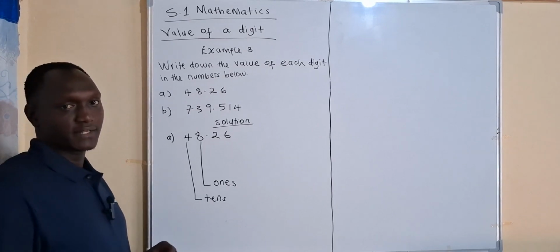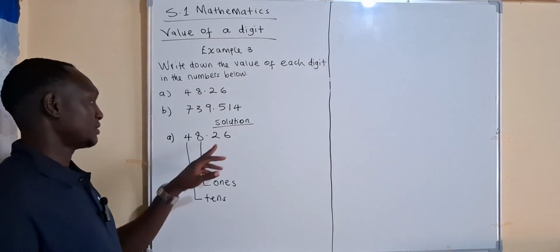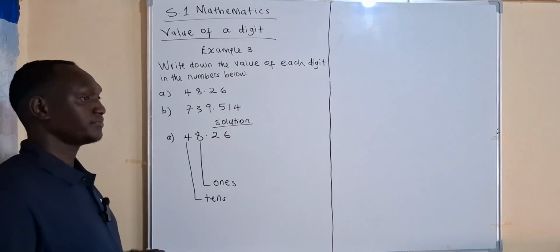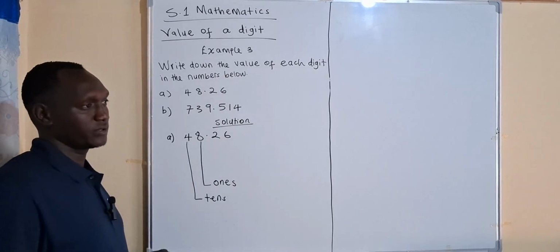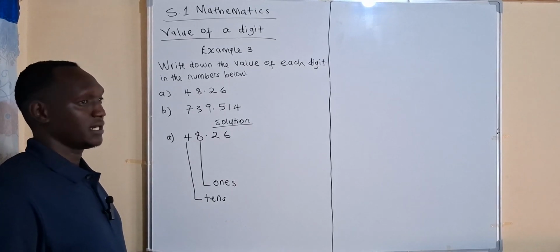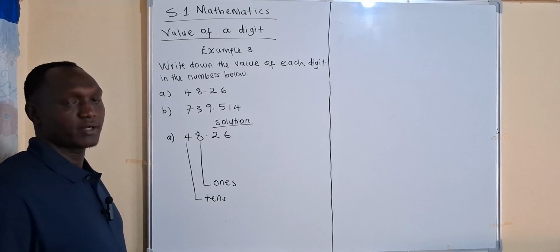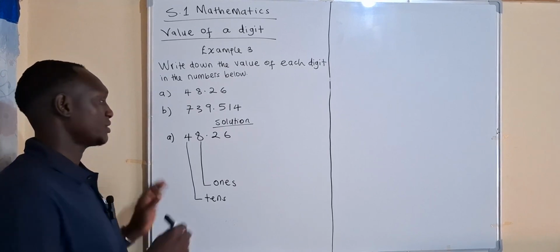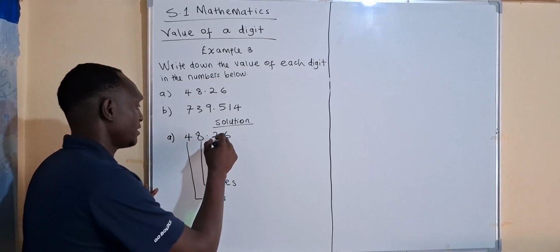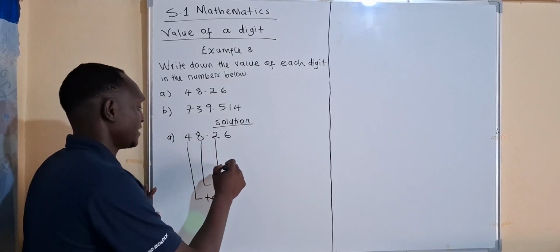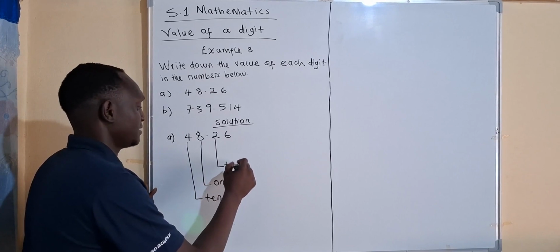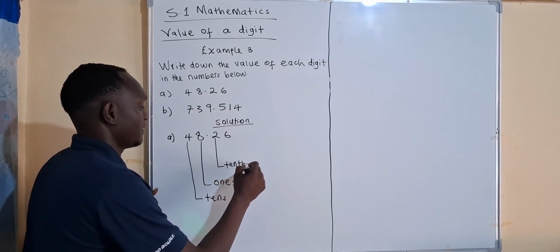For the numbers after the decimal point, we start from 2 here. Remember I told you that for decimal numbers, ones is not part of their place value. So we start immediately with tenths.